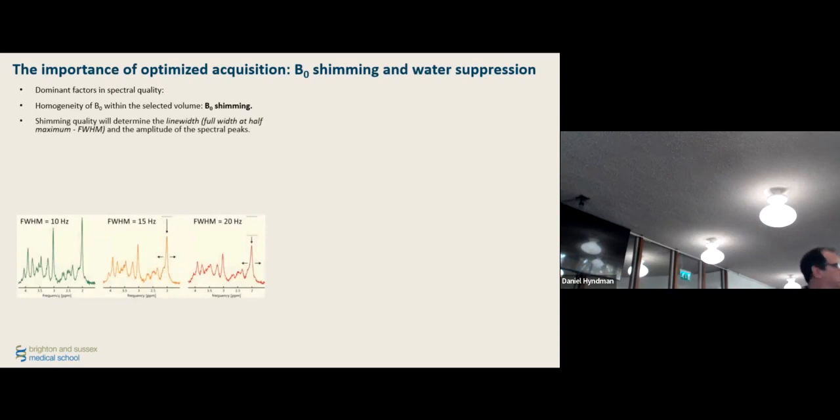The homogeneity of the external magnetic field is something that we very much care about, because if we have an inhomogeneous magnetic field, the resonances we're looking at are broadened by the fact that we introduce a variance and variability by having a distribution of the magnetic field within the area that we're looking at, and not a very sharp, well-defined magnetic field.